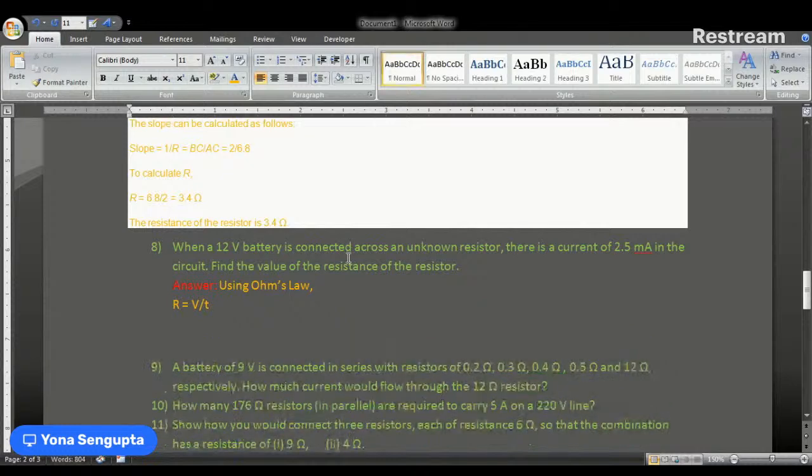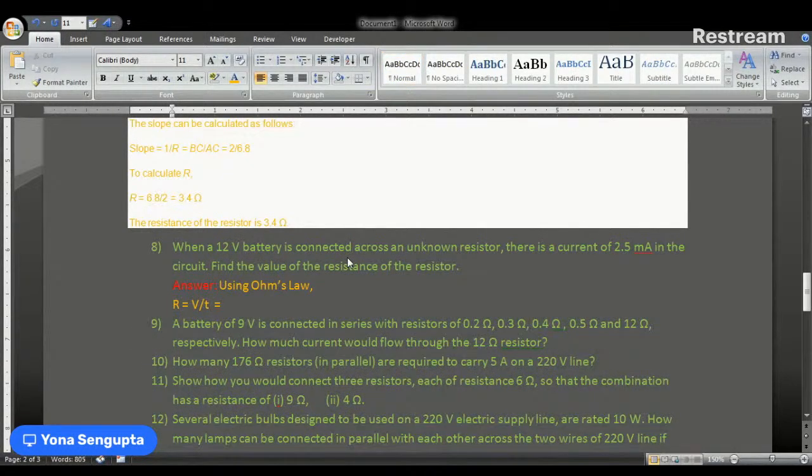The value of V here is 12. So it is 12 by 2.5 into 10 to the power minus 3.